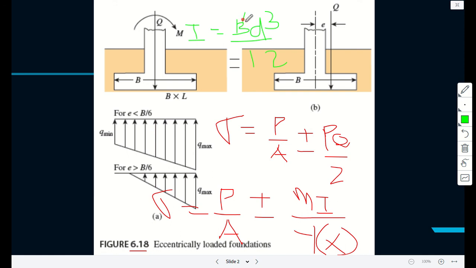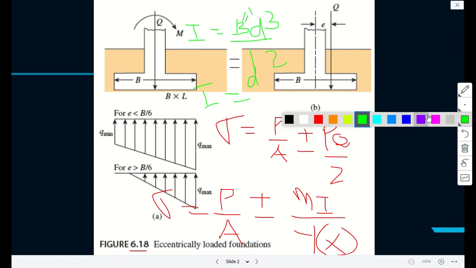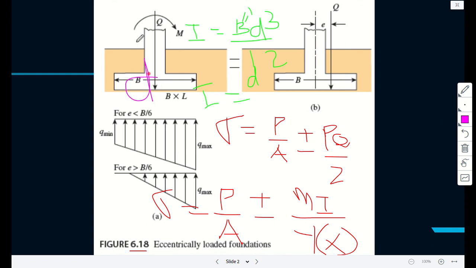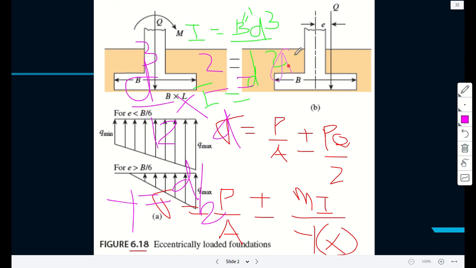Now, if you are talking about a unit B, then I is just D cubed over 12. But the Z, the y or the x, either way is D over 2, so times 2 over D. Therefore, you get D squared over 6.